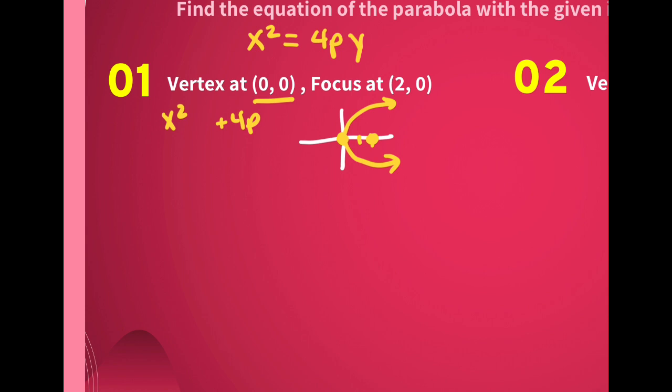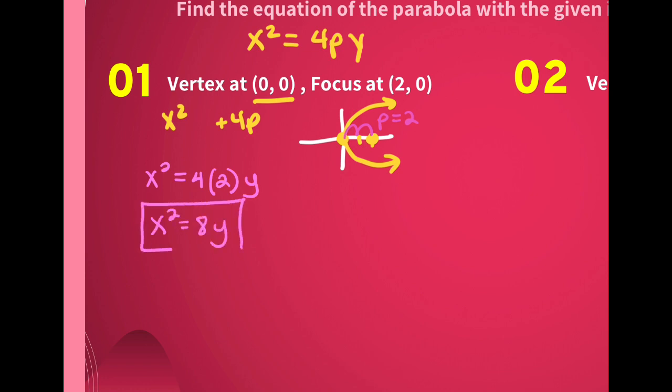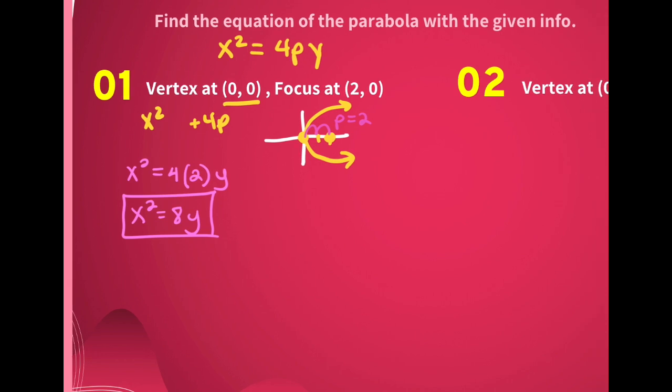So if I just count those two spaces, 1, 2, I know my P is 2. Then I just plug that in. Y squared would equal 4 times P, which we just said was 2, times x, and I get y squared equals 8x. And there's the equation of this parabola.